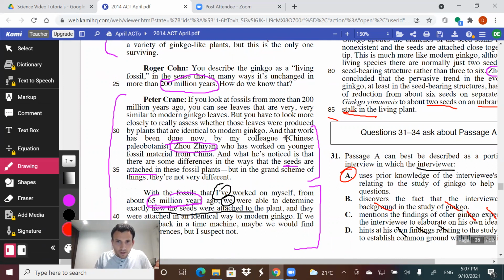Here we go. And that work has been done now by my colleague Zhao Jian, who has worked on younger fossil material from China. And what he's noticed is that there's some differences in how the seeds attach to the fossil plants. So what's the fossil material he's working on?